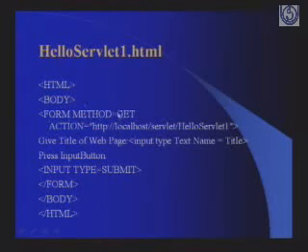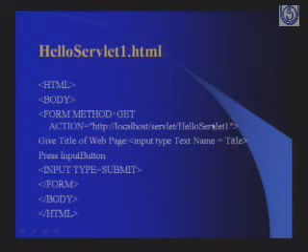We were talking about the form method in the previous lecture, in which we mentioned that if you have form method equal to post, only then the post method will be called, otherwise by default the get method is called. So here we have defined form method equal to get, and then action we have given as HTTP, then localhost, then servlet, and then the service we are giving here, that is hello servlet 1.